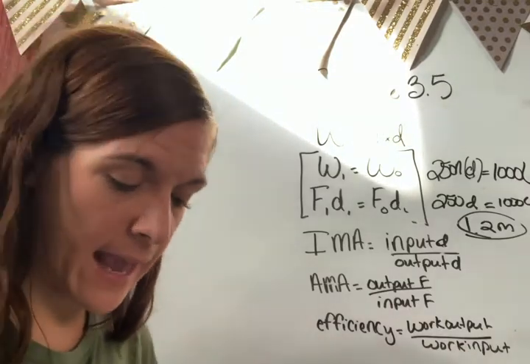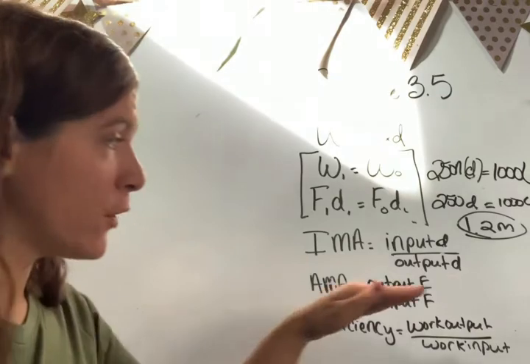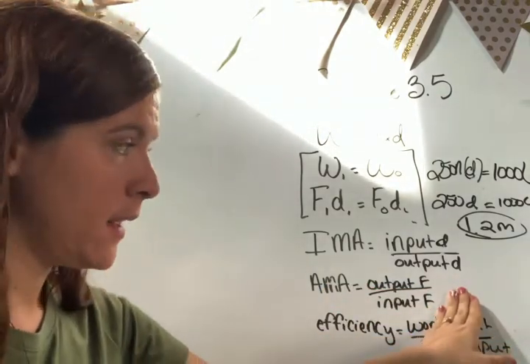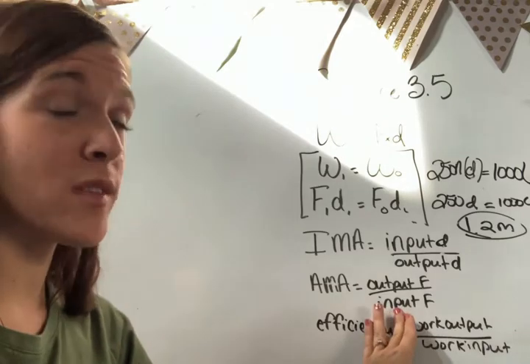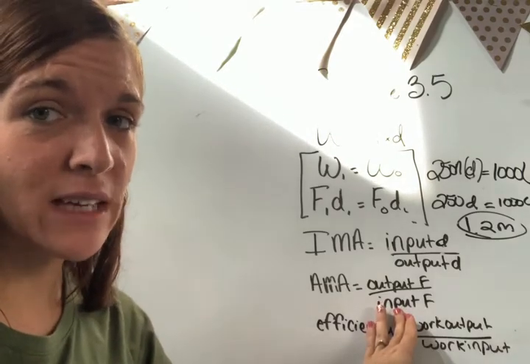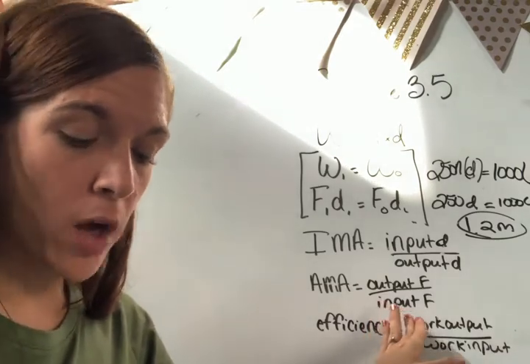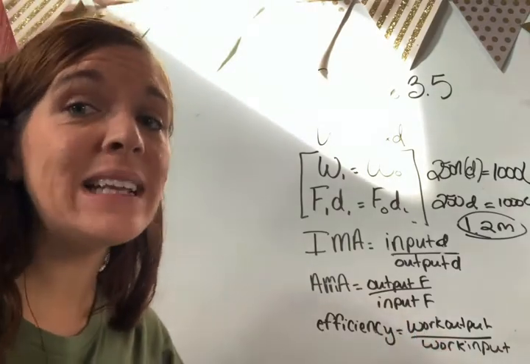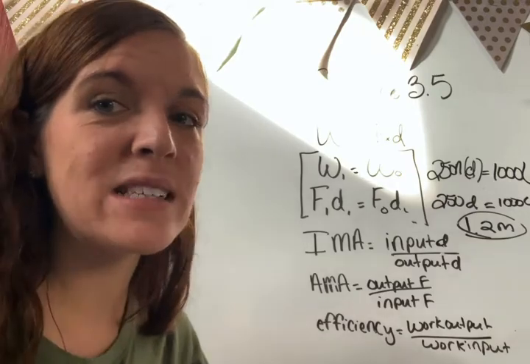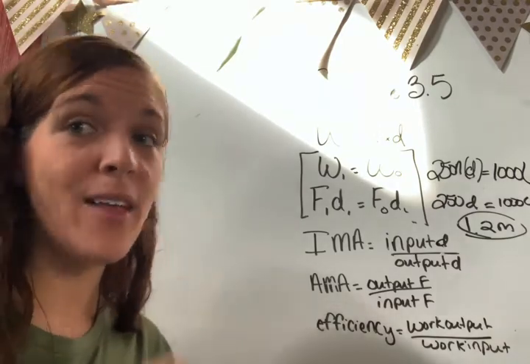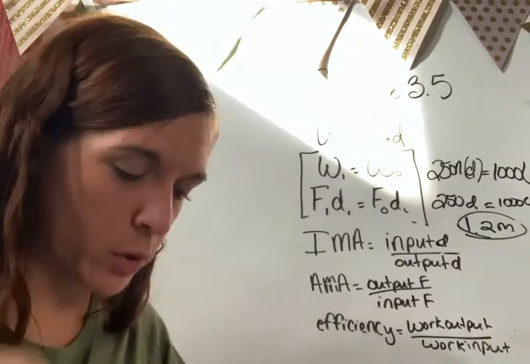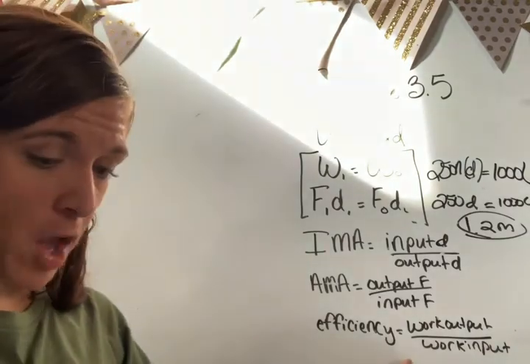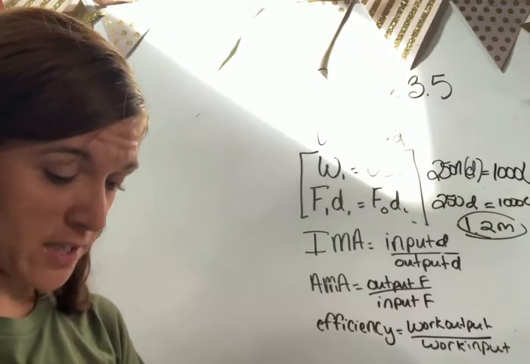So when you divide the output force, which is 1,000, by the input force, which was 275, not 250, you all of a sudden have an AMA of 3.64, which means that really that machine's only doing 3.64 times the amount of work for you, not the full 4, because friction was working against you, okay?